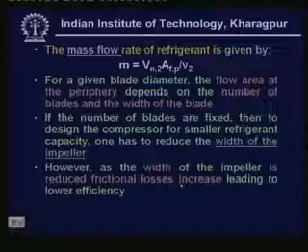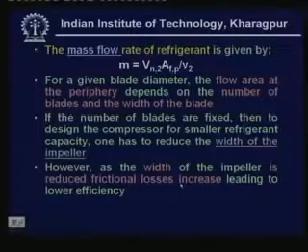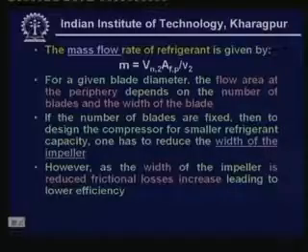Now what is the problem if you reduce the width? You find that as the width of the impeller is reduced, frictional losses increase, leading to lower efficiency. When you are forcing the refrigerant to flow through a narrow passage, obviously frictional losses increase. If you are trying to design a system for a small refrigeration capacity, you have to keep the tip speed constant.